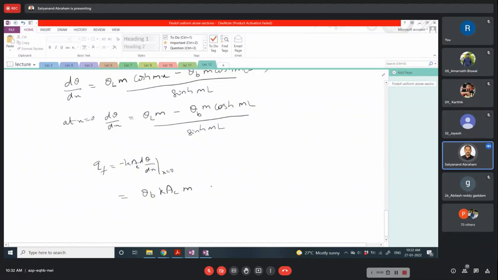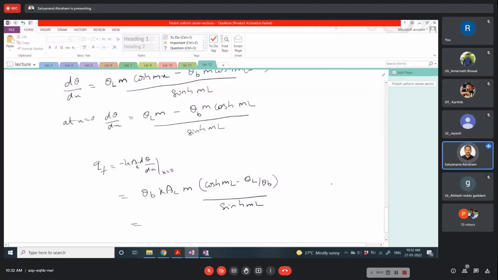We are taking the m common. So you can write cos h mL minus θ_L by θ_B, divided by sin h mL.